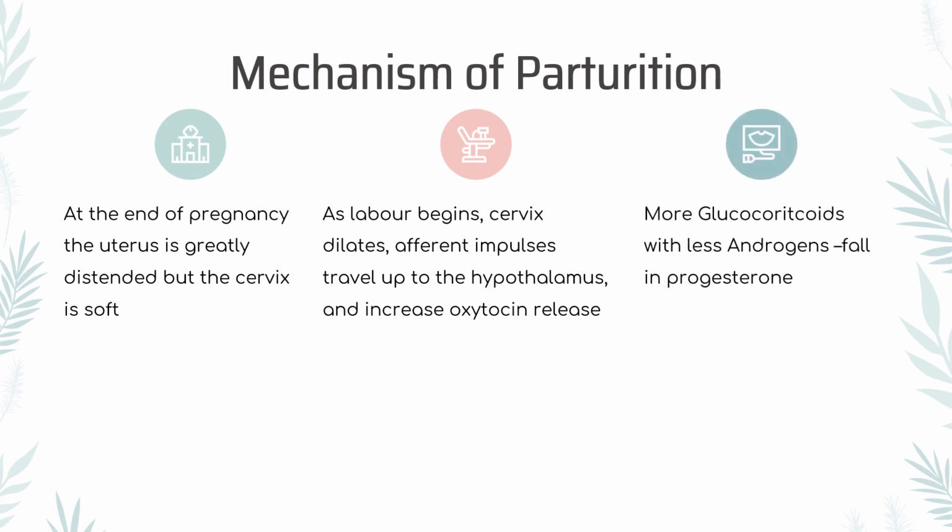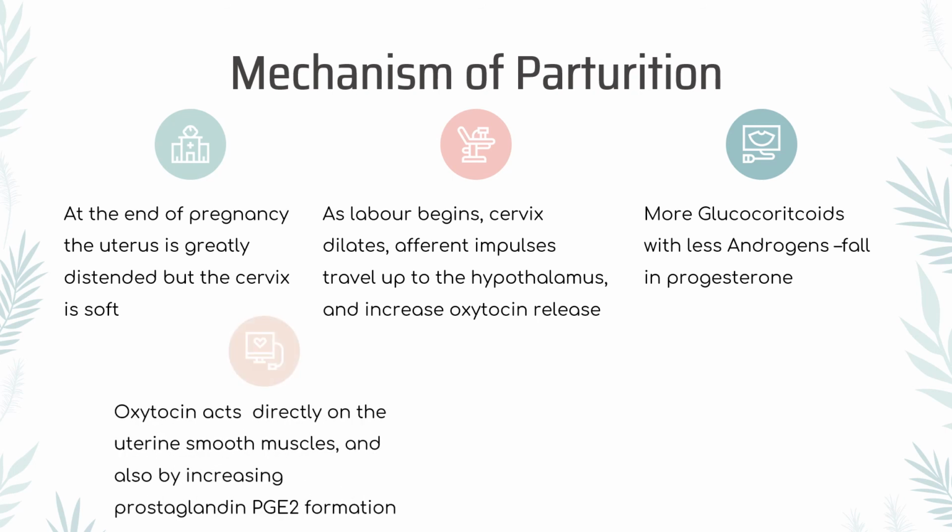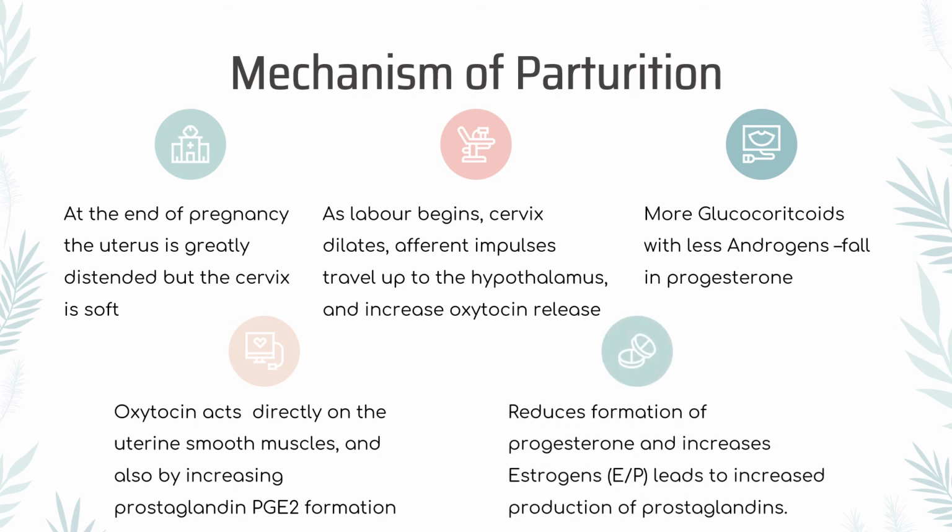More glucocorticoids with less androgen will be there, and there will be a fall in the progesterone. Oxytocin acts directly on the uterine smooth muscles, and it also acts by increasing the prostaglandin formation. It reduces the formation of progesterone and increases the estrogen, which leads to increased production of the prostaglandins.